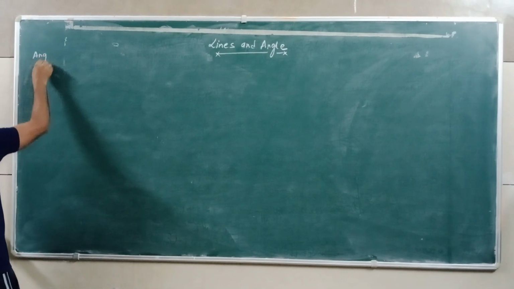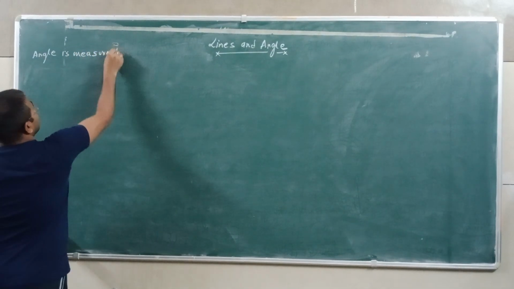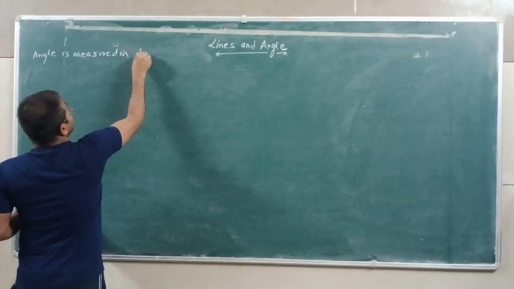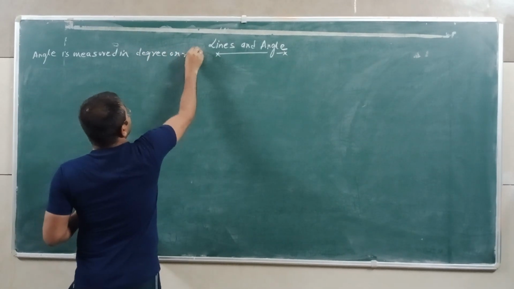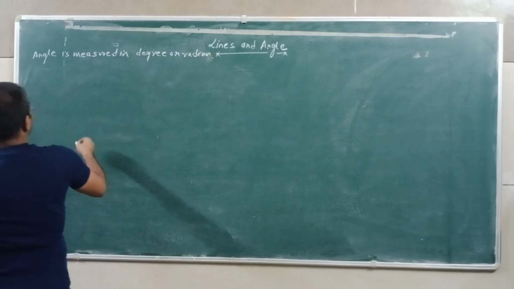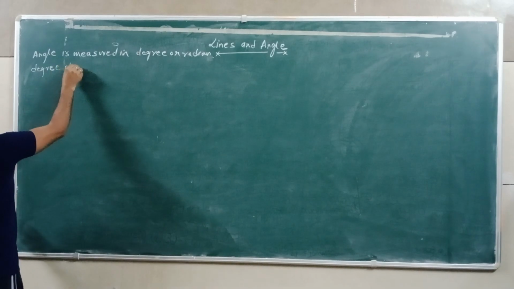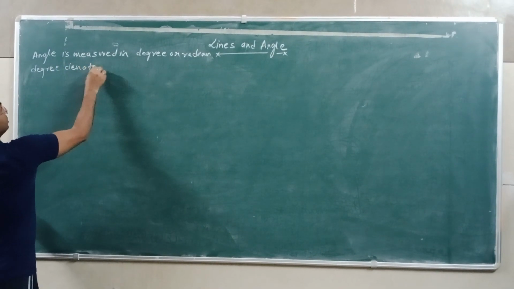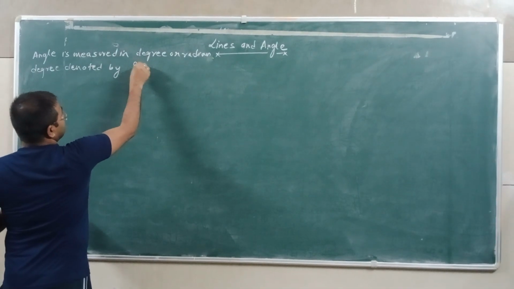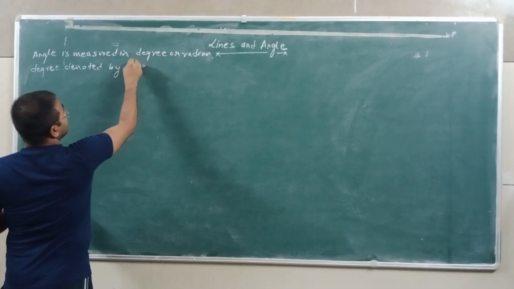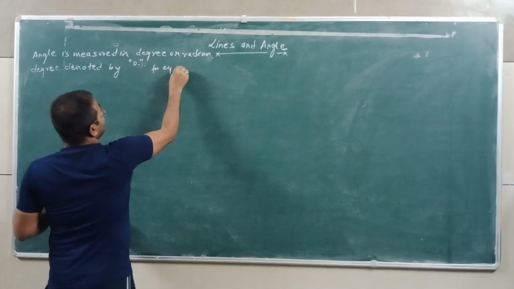So see here. First of all, you will write: angle is measured in degree or radian. Degree is denoted by a small circle, and it can be written as, for example, 30 degree.